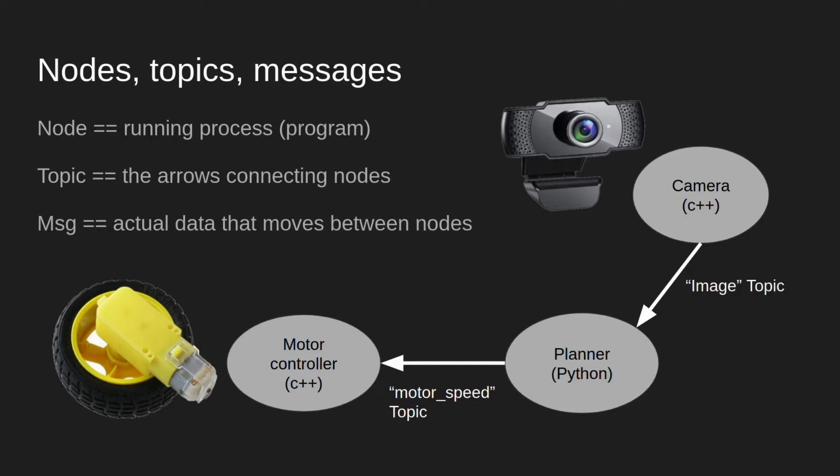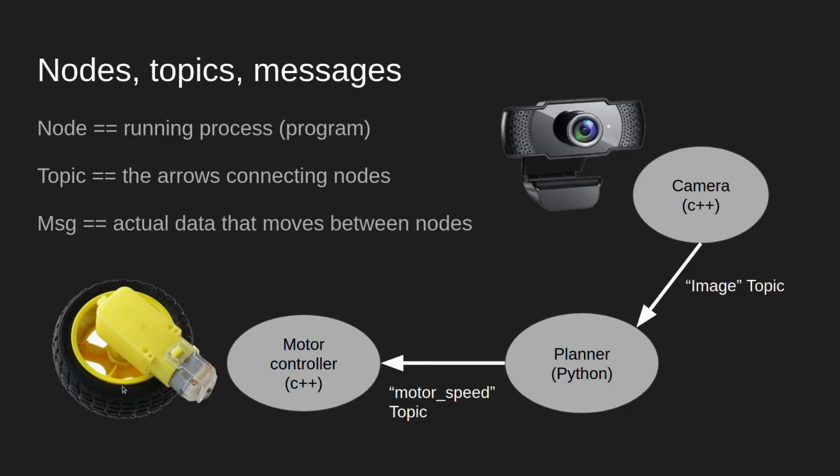So now we're going to go into some basics of ROS. What you see in this picture is an example of what your robot project might look like. Imagine you have a robot that has a camera and some kind of motor attached to it, say like 2 wheels.